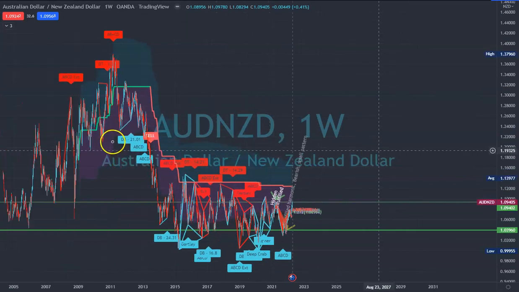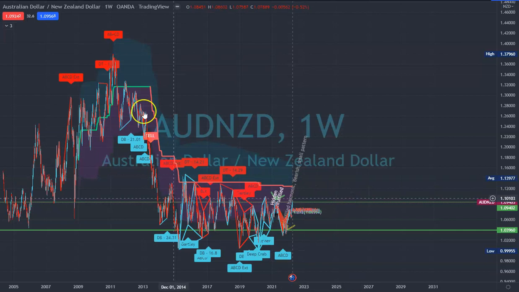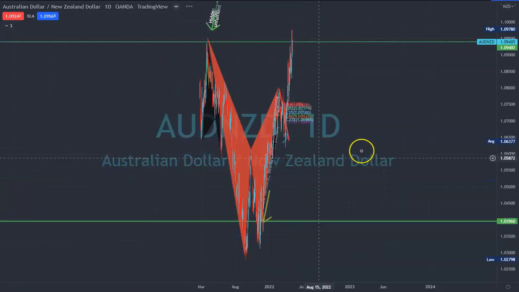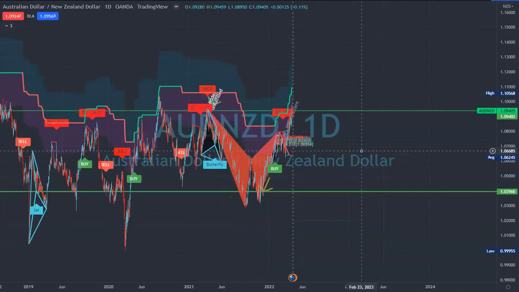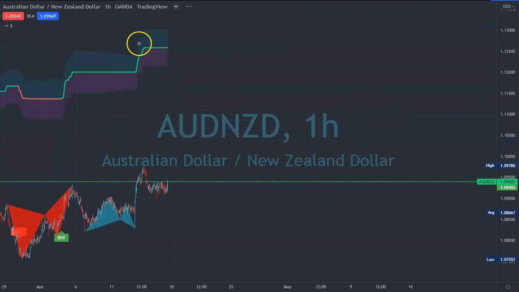Week still in the sell. Sell, sell, sell. The daily. I'm not seeing other harmonics pop up or anything I haven't seen.